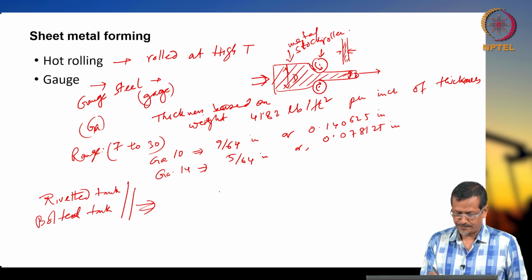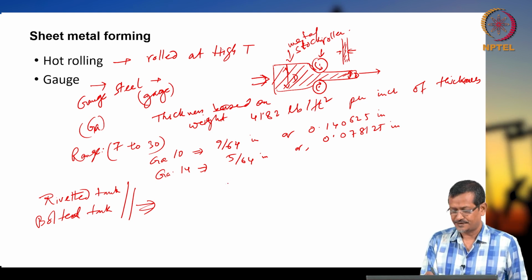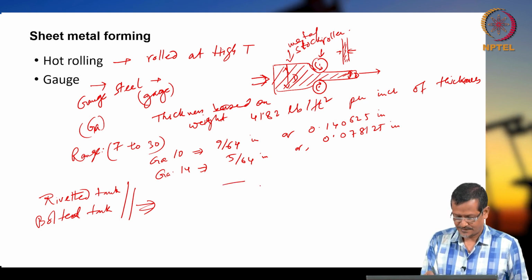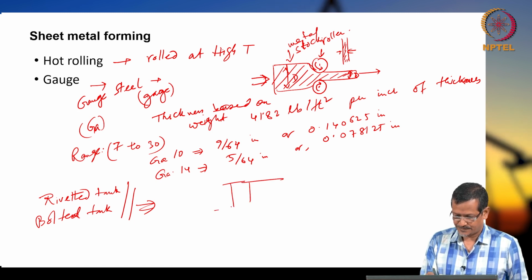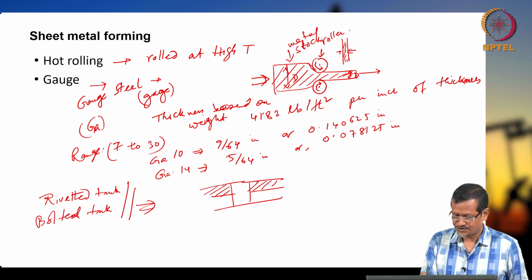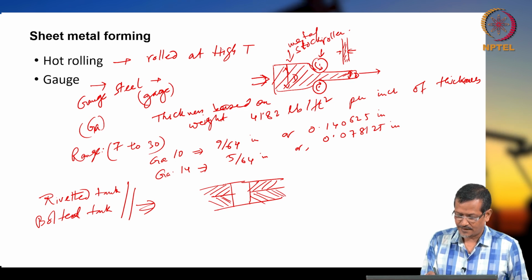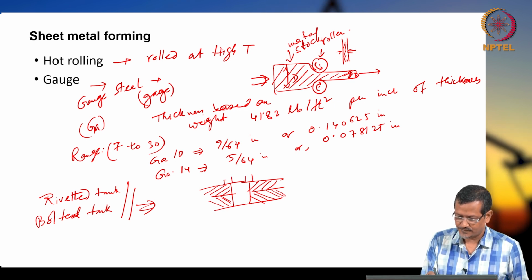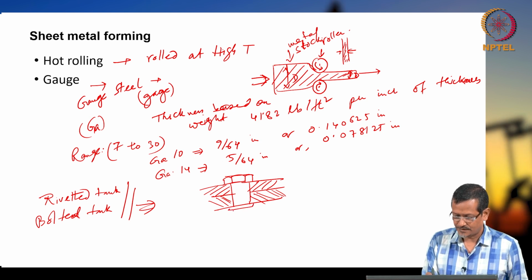So, bolt means like a nut and bolt, you have seen, right? Nut and bolt like this. One sheet is here, another sheet is here, sheet or metal, and you have a bolt like this. And here also you will have a bolt like this.